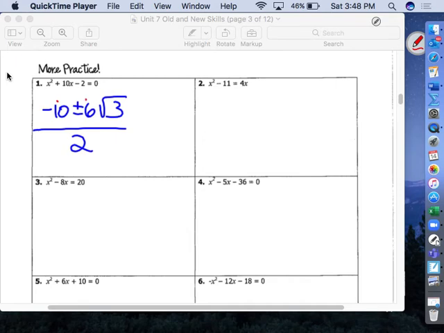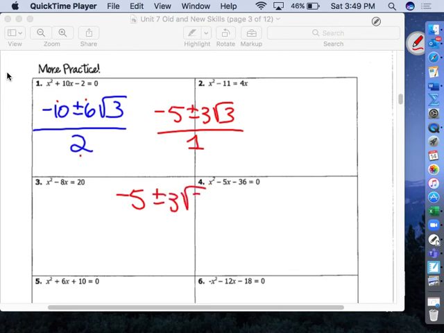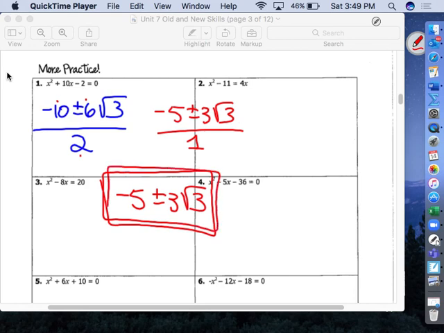Notice that I would have a GCF of 2 in the 3 spots that are outside the radical. I would remove that GCF, and my simplified answer would look like this. Actually I would have a denominator of 1, and I wouldn't use the denominator of 1, although it's not wrong to do so, but I would present my answer like this. My x values, this would be my solution set.